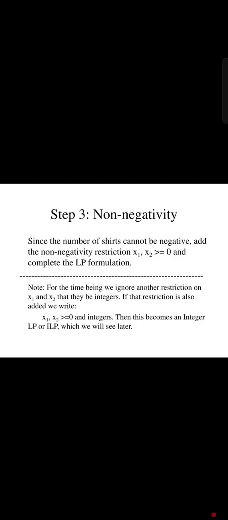For the time being, we ignore another restriction on x1 and x2, that they be integers. If that restriction is also added, we write x1, x2 greater than equal to 0 and integers, and then this becomes an integer linear programming problem, which we will see later.